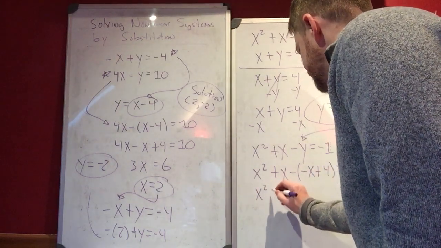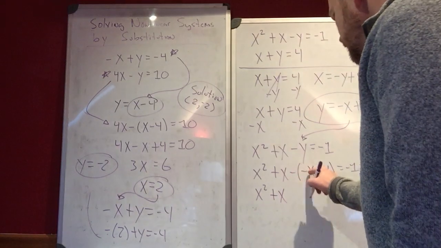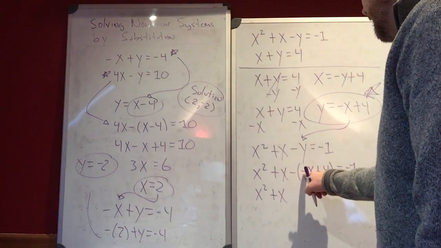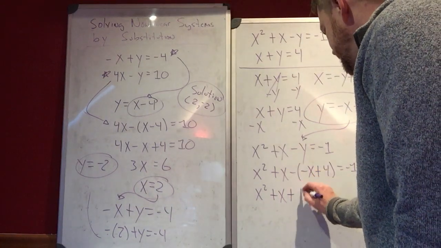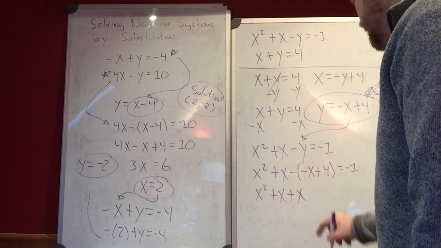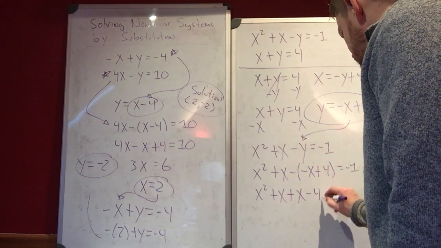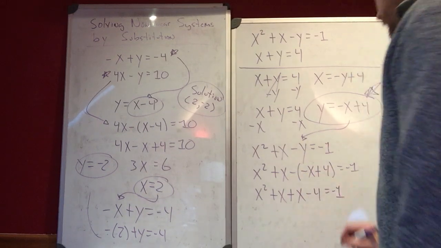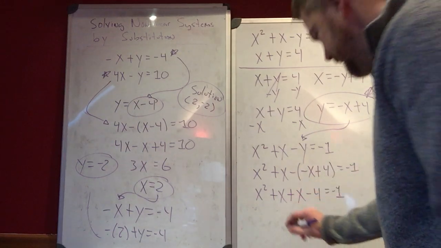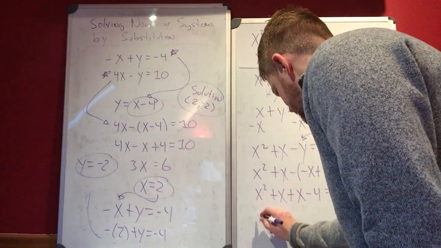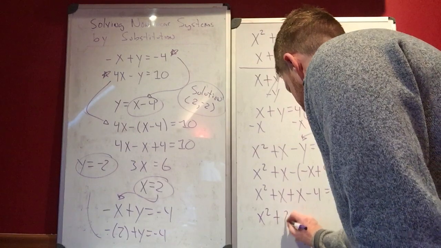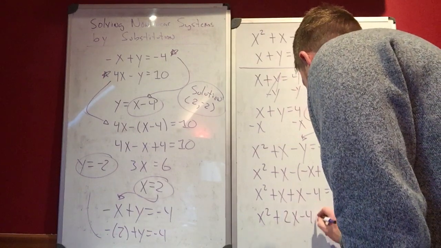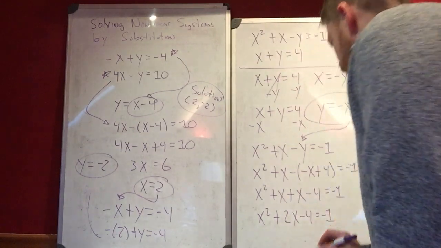X squared plus x, a negative 1 times a negative is a positive, plus x, a negative times a positive is a negative, minus 4 equals negative 1. Let's combine these like terms. X squared plus 2x minus 4 equals negative 1.